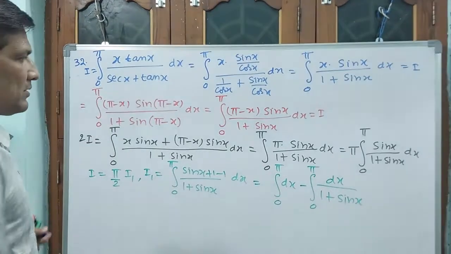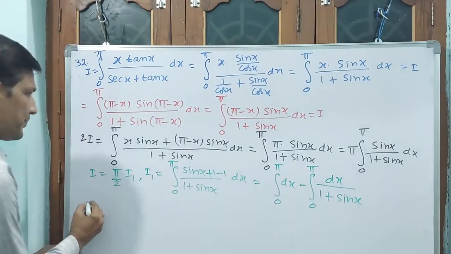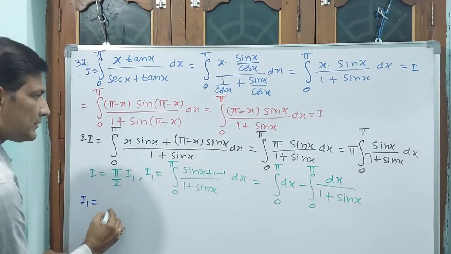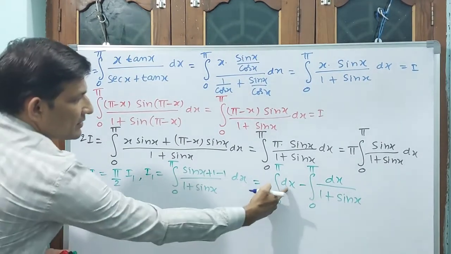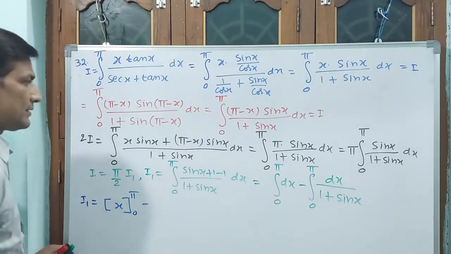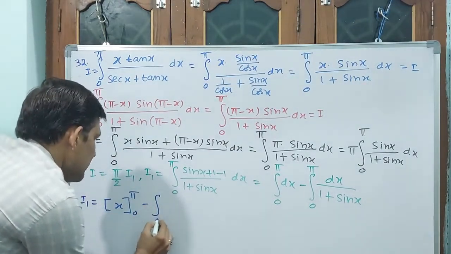See what I am doing now. This value you will get like this. I1 is equal to integral x from 0 to pi, minus the integral from 0 to pi.